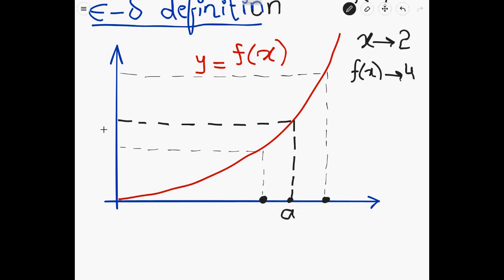Similarly, instead of the limit 4, we are using lowercase l, and this number l is the limit of this function as x approaches a, then this function f of x approaches the limiting value l.